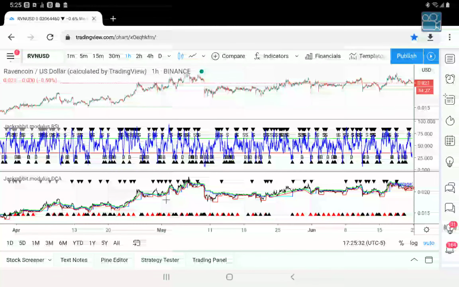And now you see profits. Actual 1% profits based upon RSI. Probably the worst profitable indicator of all of them.